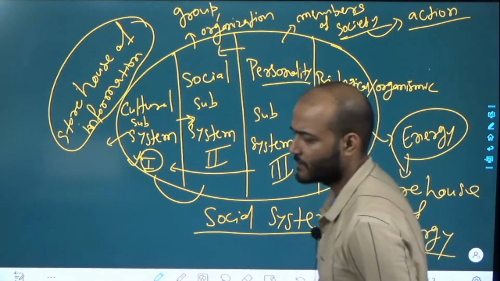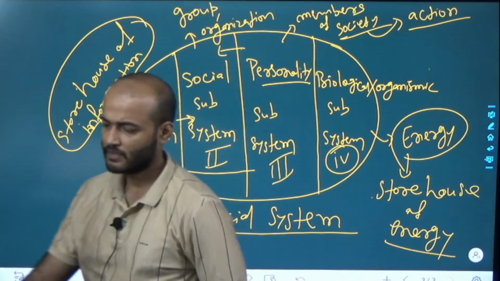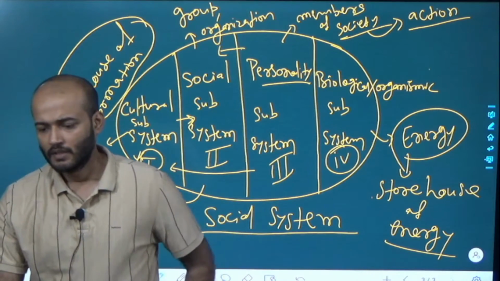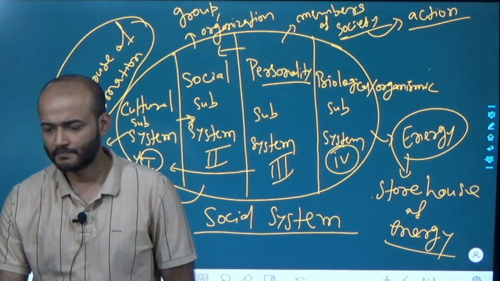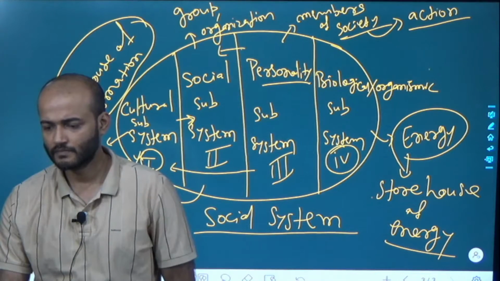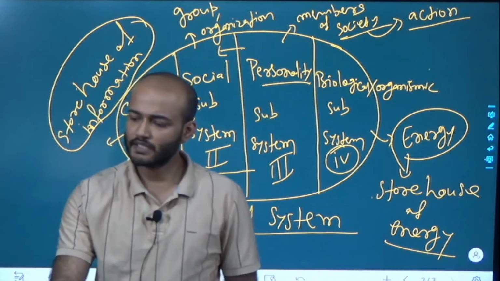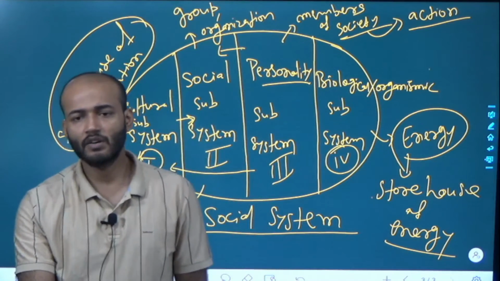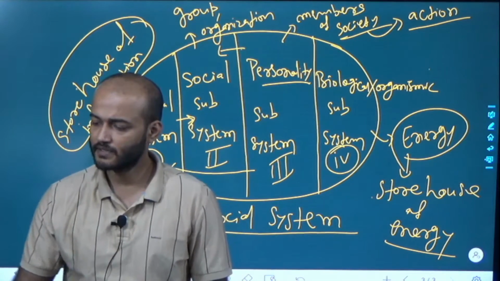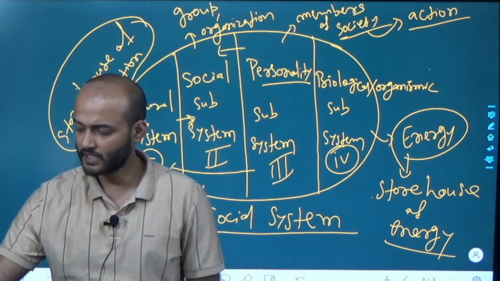Now next one, write: biological system. It is the physical or biological aspect of social reality.